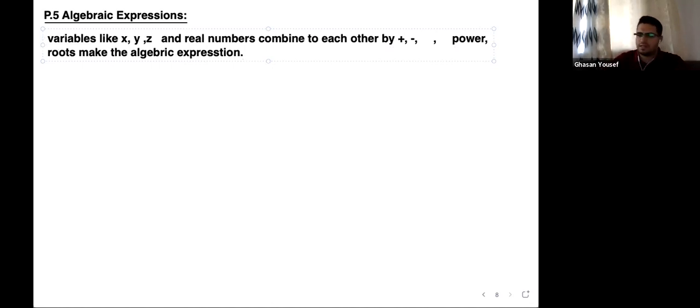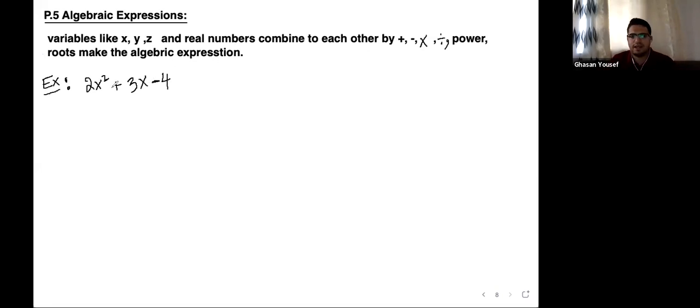Okay, I'm going to give an example. What does that mean? Exactly what I said here. If I have variables like x, y, z, and real numbers combined to each other by sum, subtract, multiplying, dividing, power, or roots, all of them make an algebraic expression. Example: 2x square plus 3x minus 4.